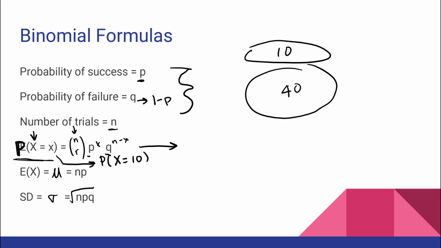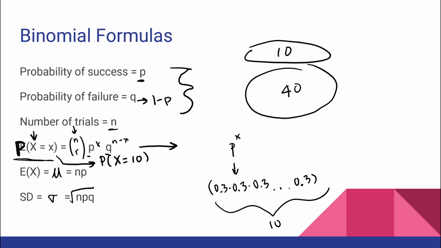So if the probability of someone having type O blood is 30%, I don't know the actual numbers, then first we have to account for every single person having some certain type of blood, right? So P to the power of x is basically just the probability that exactly 10 people have type O blood. So it would be 0.3 times 0.3 times 0.3 for 10 people.